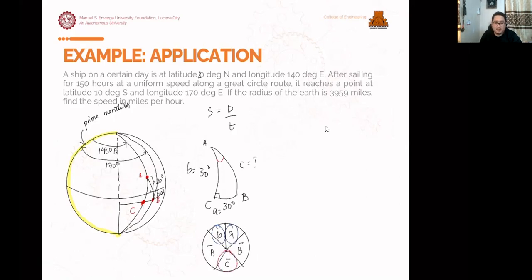So, and using rule number 1, so sine co-op rule. So, sine of middle part equals to cosine of opposite part. So, cosine A. So, sine C equals to cosine of 30 times cosine of 30.